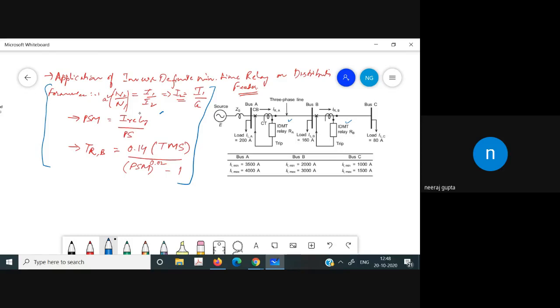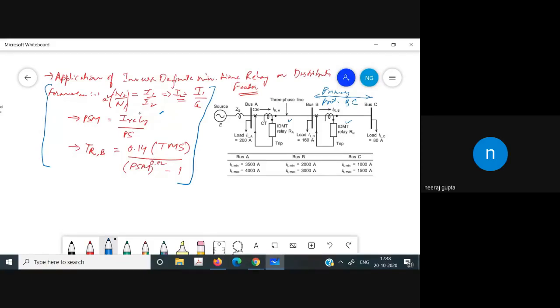Now, it should be noted that the purpose of relay B is to provide the primary protection to BC.